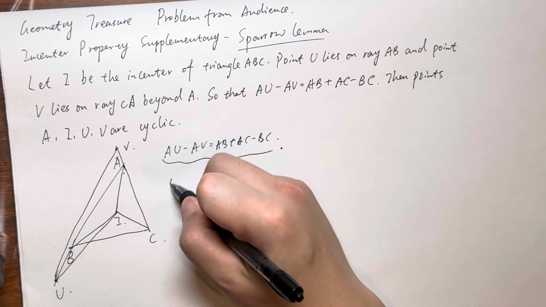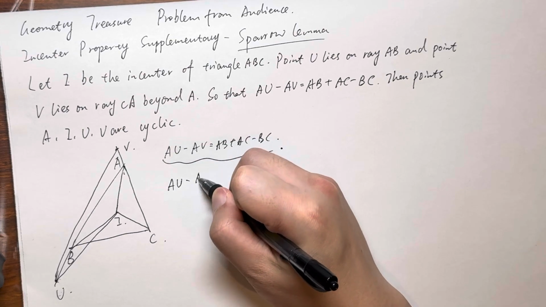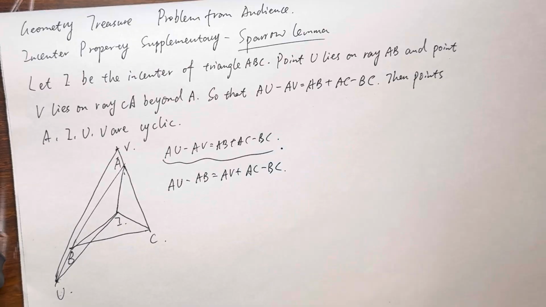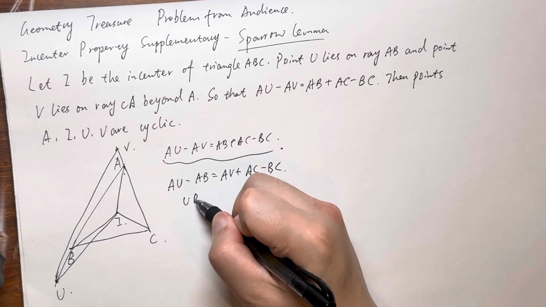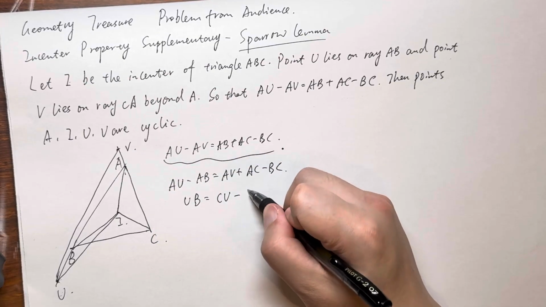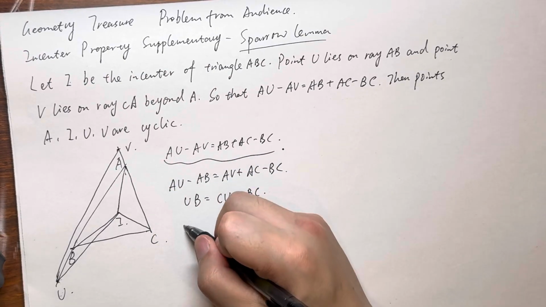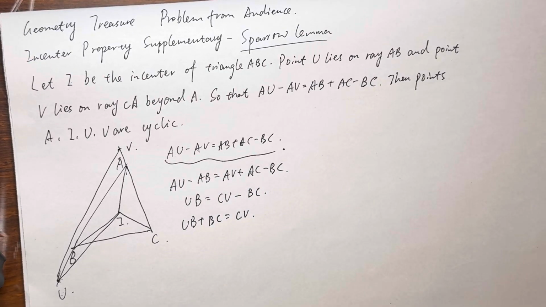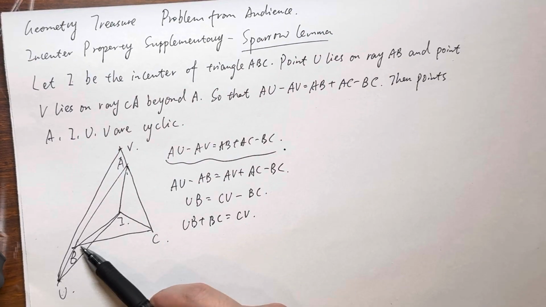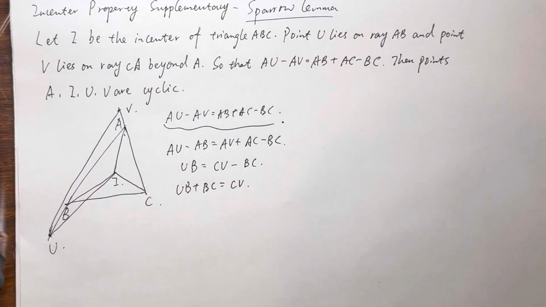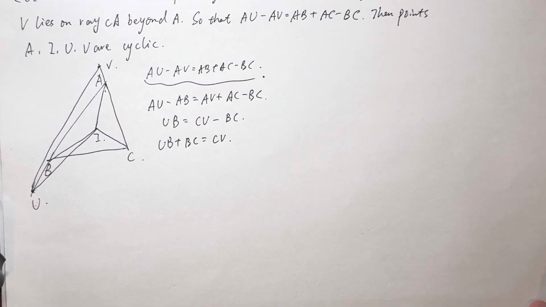So we put them together, then we have AU minus AB equals AV plus AC minus BC, which means UB equals AV plus AC, that is CV, minus BC, which means UB plus BC equals CV, right? UB plus BC equals CV. It's good enough to give us a hint how to draw the figure, right?